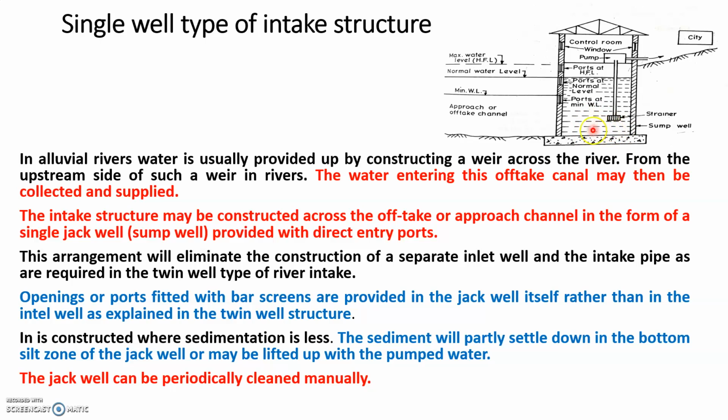Those sediments collect there, and the water is lifted up, and these wells need to be cleaned periodically. So this was all about the single well type of intake structure. In some books they call it a single tower intake structure, and here we call it a single well type of intake structure.